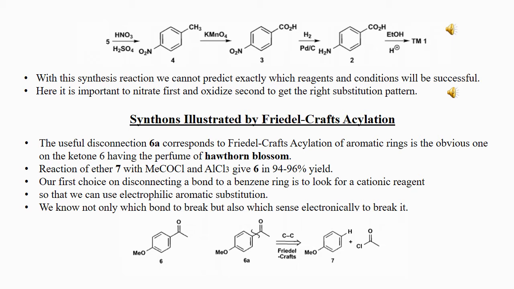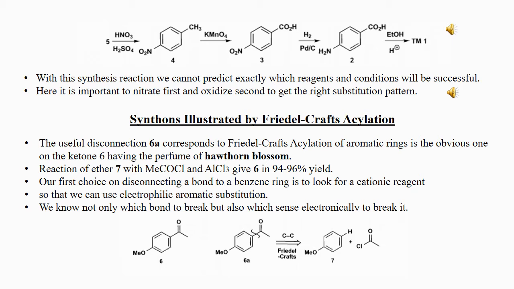In the previous reactions we have seen FGI, and we have seen a disconnection of ester, and then we utilized 2 FGI, functional group interconversion. Now we shall see how we can apply Friedel-Crafts acylation to get the synthons. Synthons are the results of disconnection.